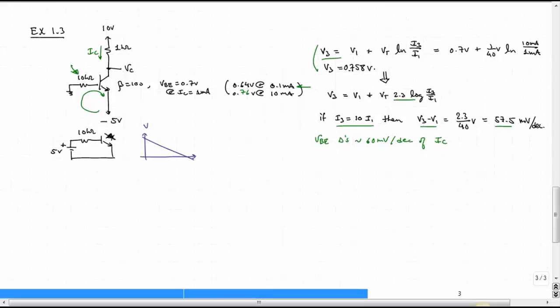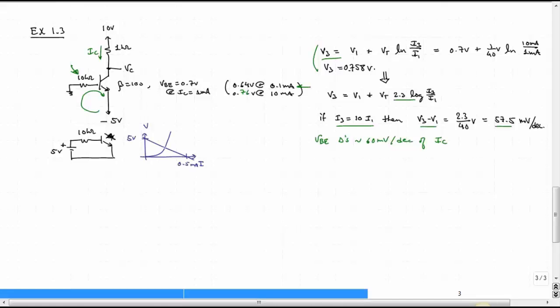So what we have essentially is a load line where we plot voltage vertically versus current on the horizontal. We have an open circuit voltage of 5 volts. We'd have a short circuit current of 5 volts over 10K, so that would be half a milliamp. And then we have our VBE diode, that curve that is exponential.